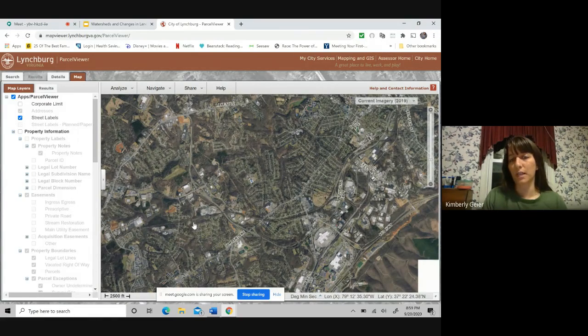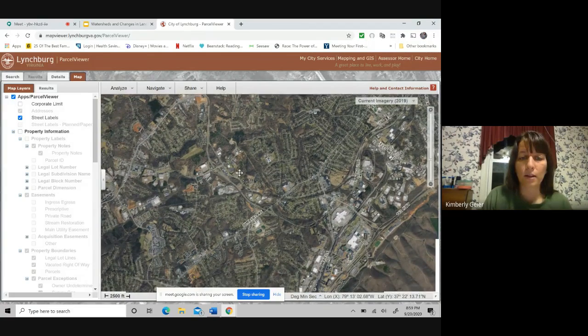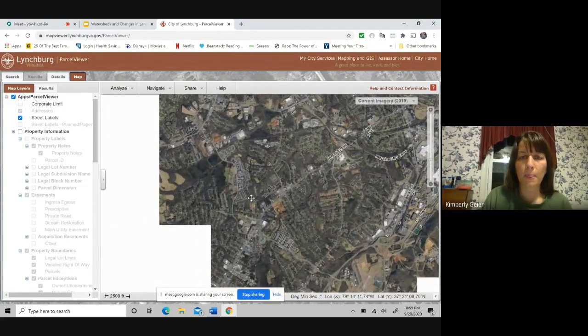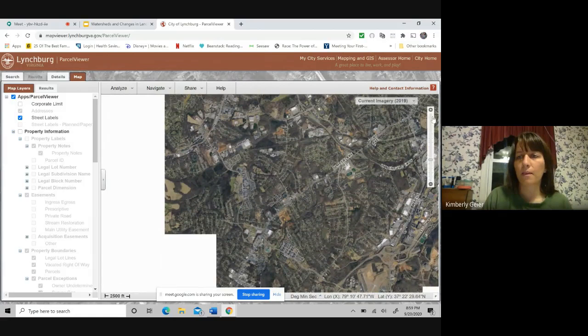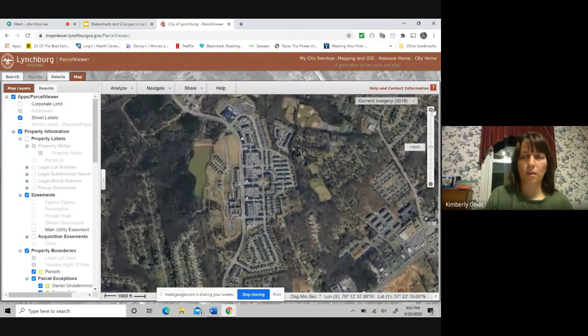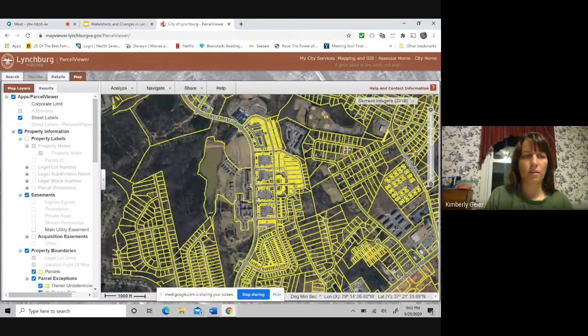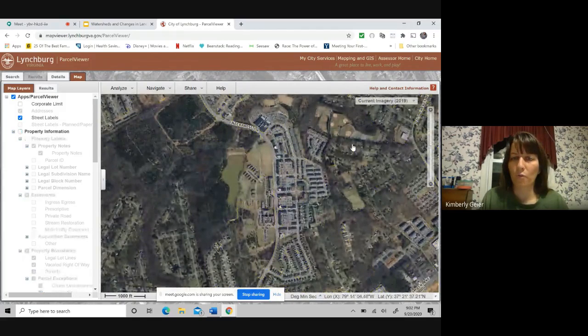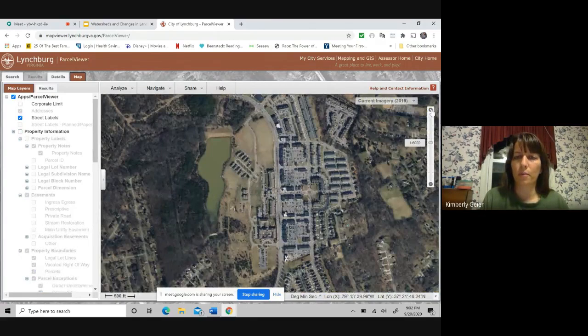So the water comes into College Lake from this direction and then heads out. So I'm going to head this way. And I'm going to zoom back in. And let me get rid of my property labels.